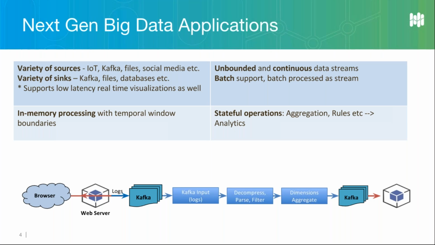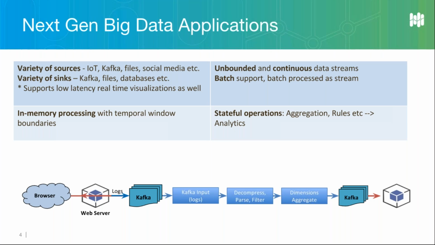There is also in-memory processing, and support for unbounded data. We also have batch support, and batch processed as a stream. So this is unified and supports streaming as well as batch.